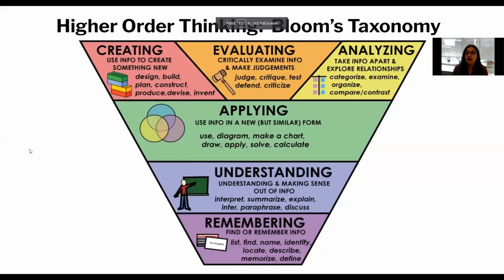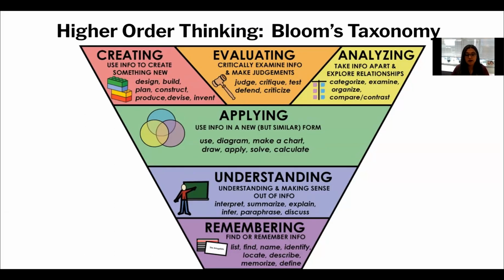One of the ways that I love to tell students to pinpoint where they're at with the understanding and taking in of information is by using higher order thinking. And this is Bloom's taxonomy. It's going to be hard to see. At the bottom of the triangle, we start off with remembering.